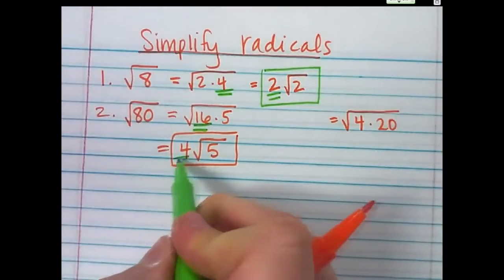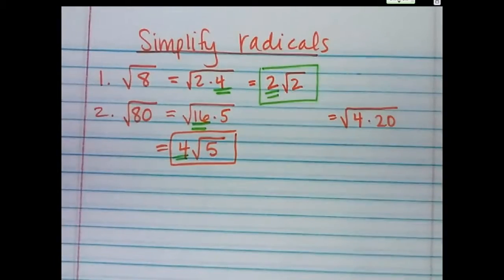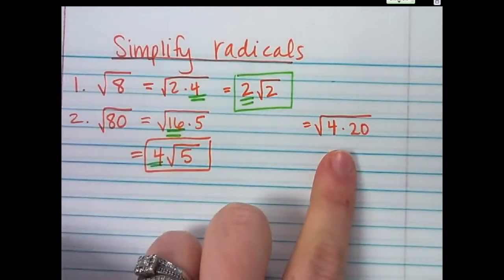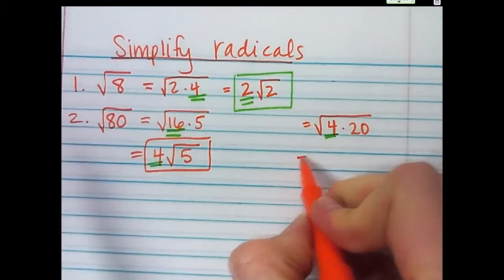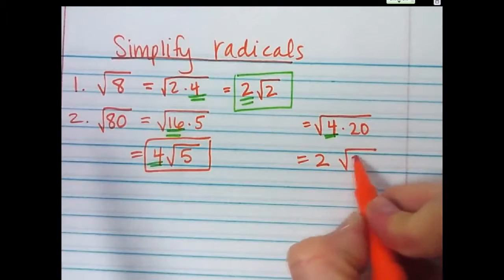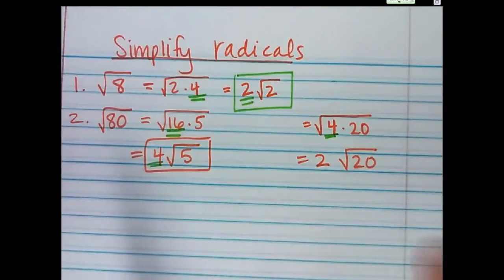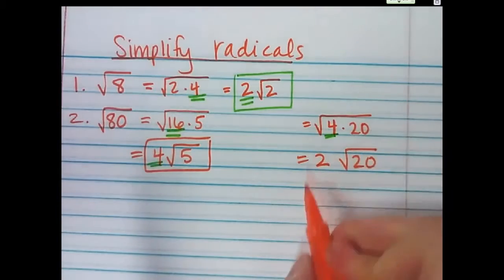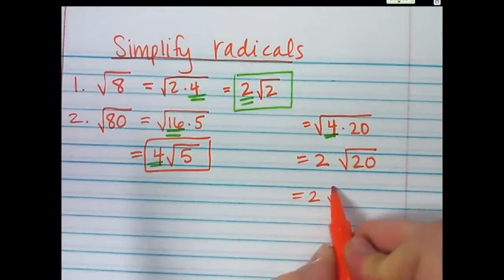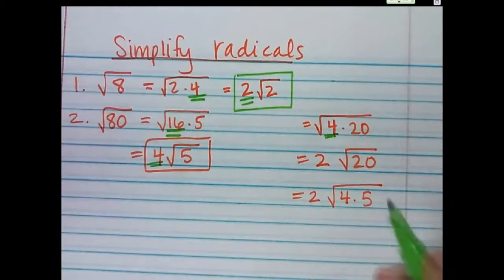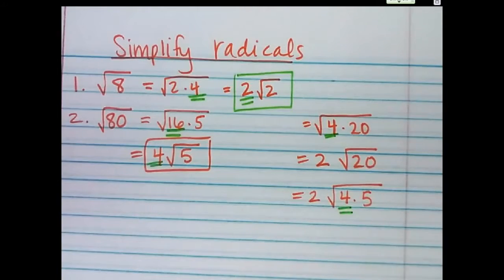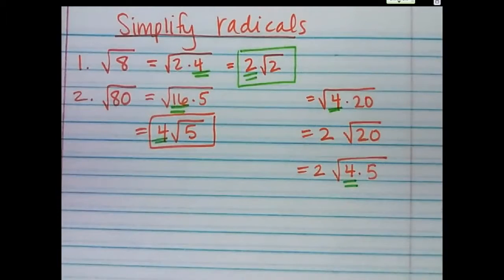Okay, if you can't think of the greatest perfect square that goes into it, it's okay. You're just going to have a little more simplifying to do. So here, I take the square root of 4, which is 2, and then I still have 20 on the inside. What perfect square is inside 20? 4. 4 times 5. So again, take the square root of 4, which is 2.